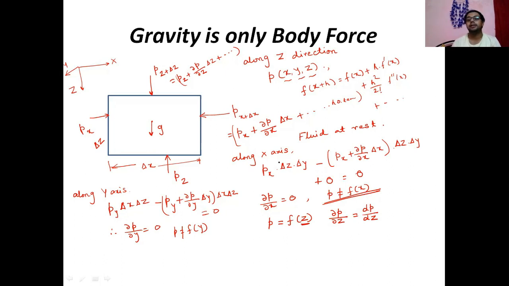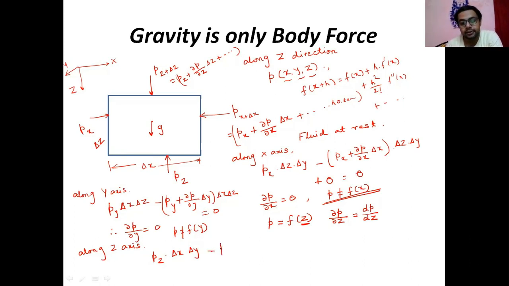Now along the z direction, we'll see the scenario here. So along the z axis is the most important thing. Along the z axis, p z is acting over del x, del y, perpendicular to the surface, the del x, del y surface.